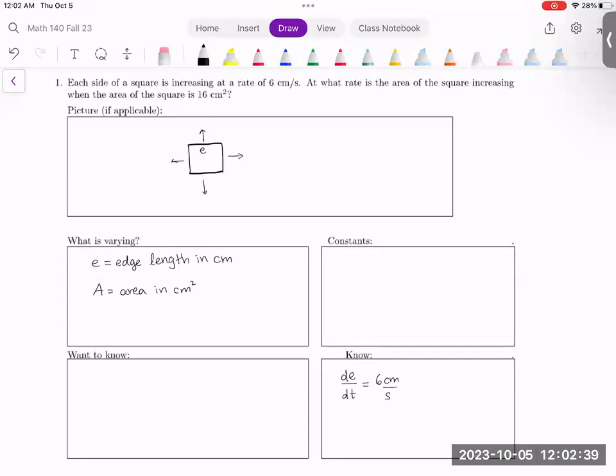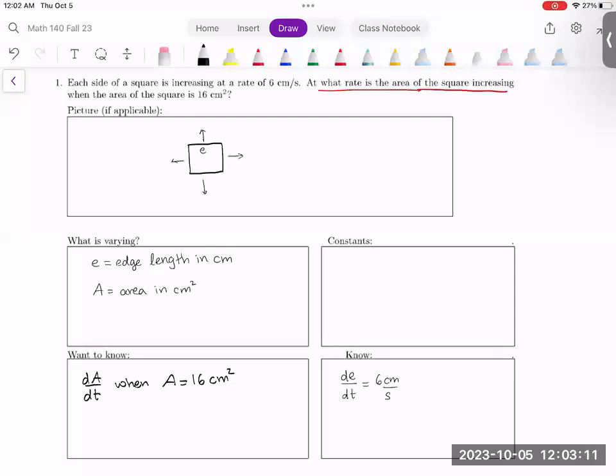So it says, at what rate is the area of the square increasing when the area of the square is 16 centimeters squared? So when it says, at what rate is the area increasing, this is asking for dA/dt, the rate of change of area, when area is equal to 16 square centimeters.